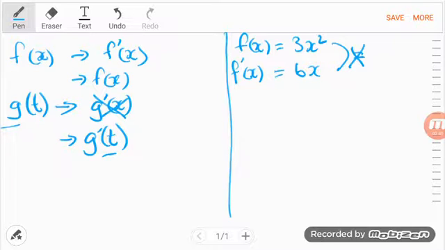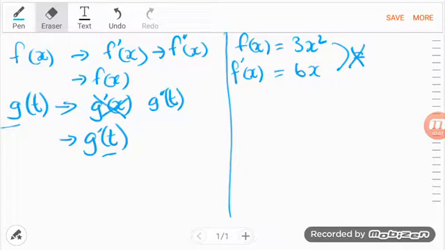Now, this is Newtonian notation. If we were to differentiate again, which we do in kinematics, we could easily say f double dashed of x, or g double dashed of t. Okay? Cool.